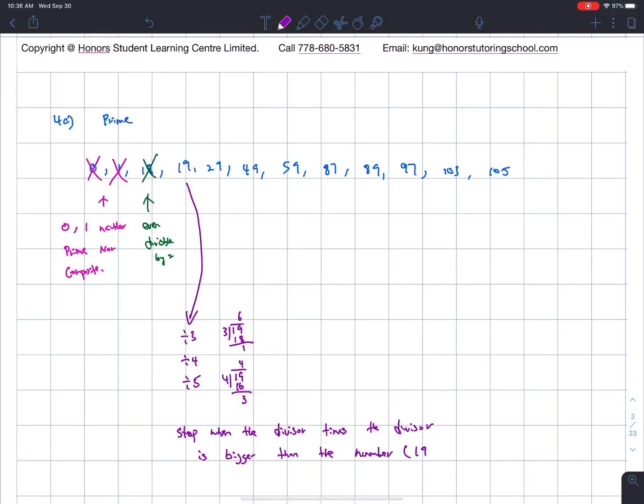The number here is 19. The last divisor is 5, because 5 times 5 is 25, and it's bigger than 19, so that's why I know that I can stop. I didn't stop at 4 because 4 times 4 is only 16. It's not bigger than 19. Okay, so this is a prime.